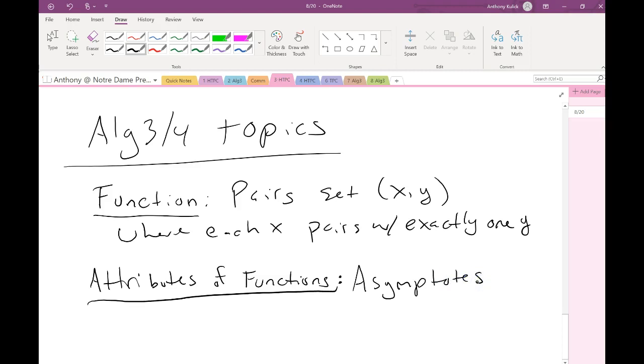Functions can have asymptotes. We talked about vertical asymptotes a moment ago when we discussed why we might not have wanted to use hypotenuse over opposite as opposed to opposite over hypotenuse. So what are some other ways to describe a function or attributes a function can have?